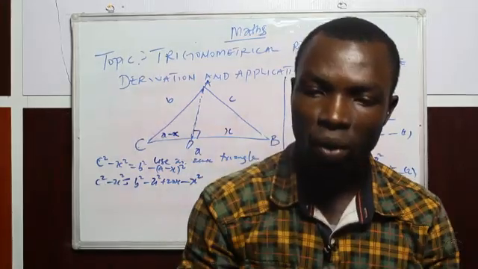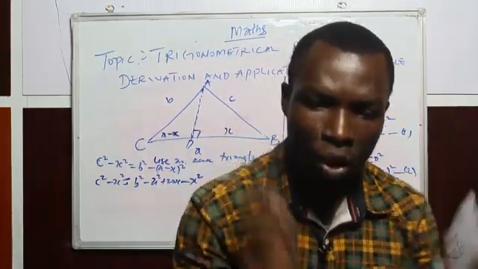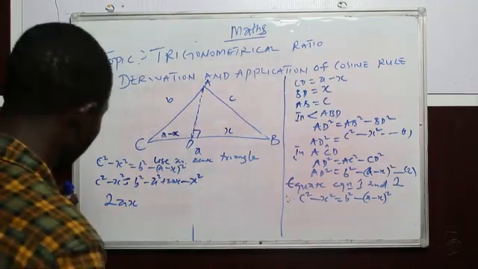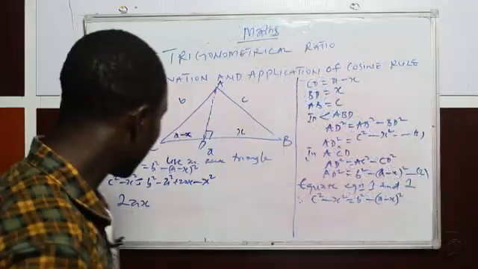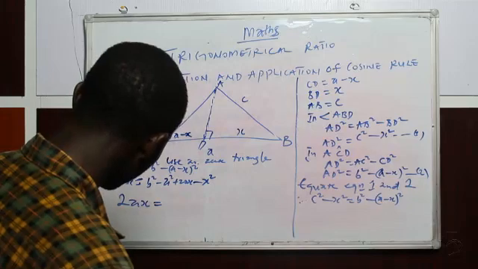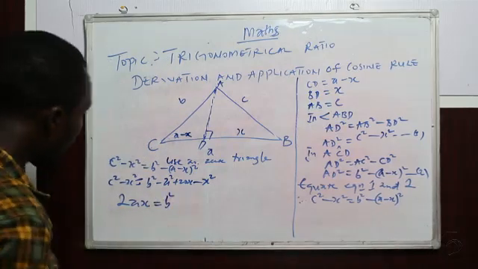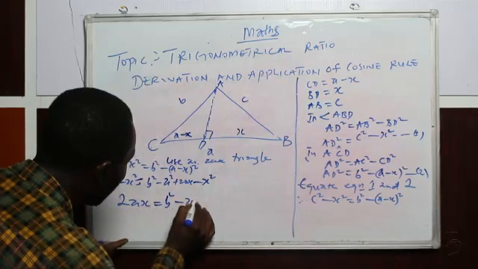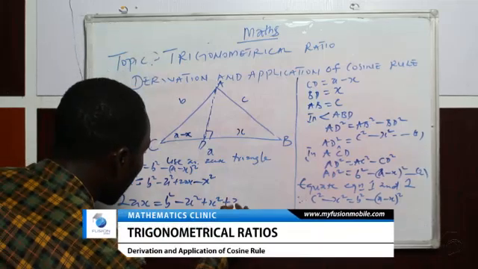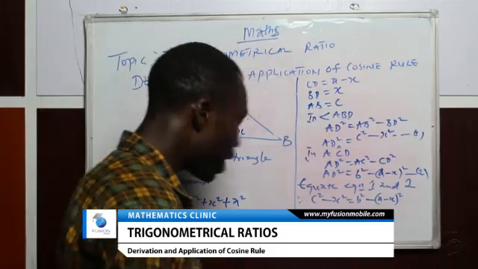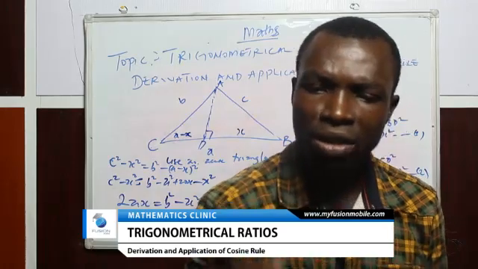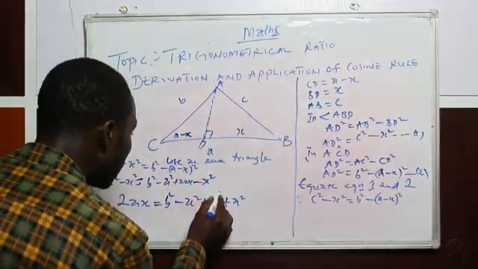And how do we do it? First of all, collect the like terms. We have 2ax equal to b square minus x square plus x square, plus a square. Then the x square terms cancel.